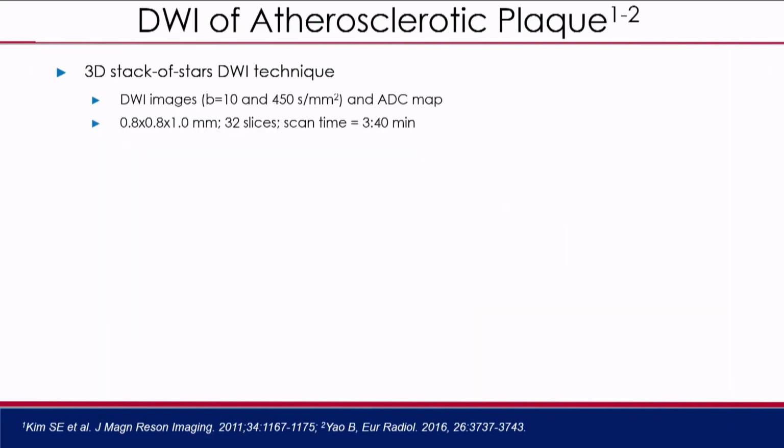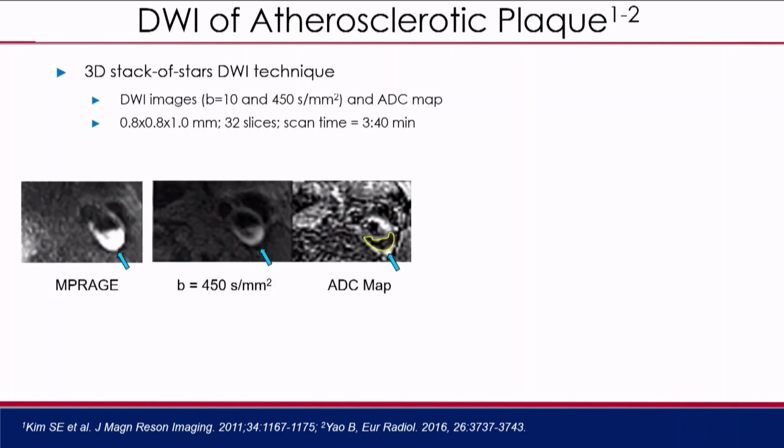Moving away from T1 and T2 mapping, there's diffusion-weighted MRI also, and this is a slide that was shared by our colleagues at University of Utah, and they developed the 3D stack of stars sequence. With that one, they were able to show that when you have an intraplaque hemorrhage that is very clearly seen, like here in the MP range, the ADC is low.